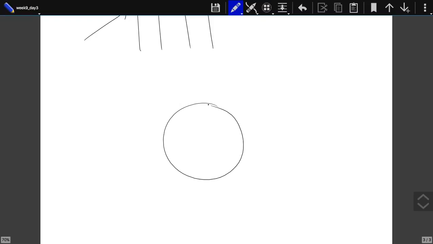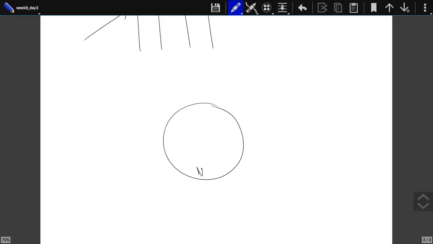Well, Earth is a magnet, a huge one. Where is the magnetic north pole of Earth? Yes.